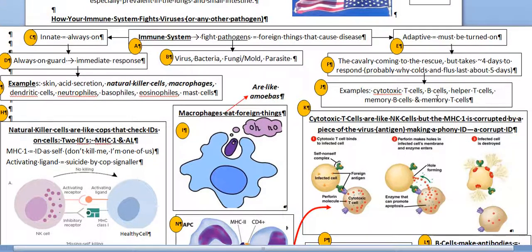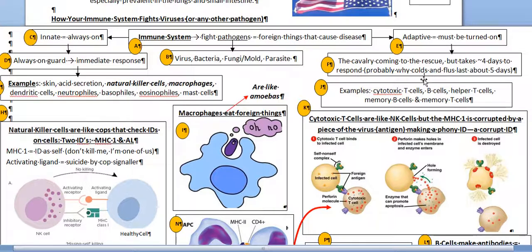Okay, so the adaptive system examples. Remember, these must be turned on, and it takes a while. It takes 4 days to respond, and that could be too late. But these are the big guns, the heavy hitters. They're not always working. They only work when there's an infection.